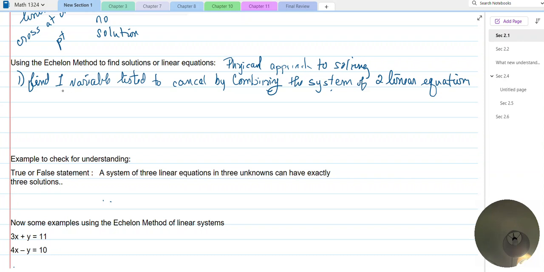And the way we do it is find an LCM and ensure variables zeroed out are opposite sign.